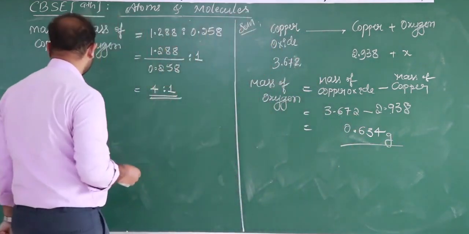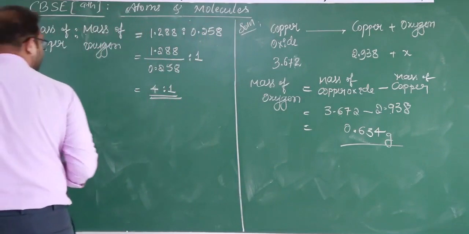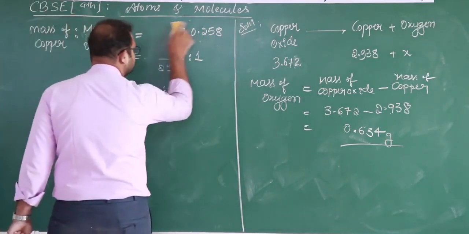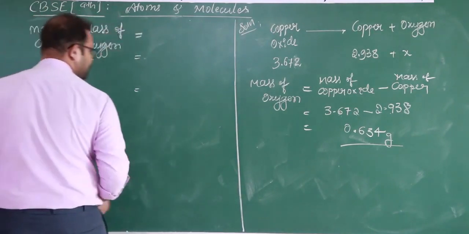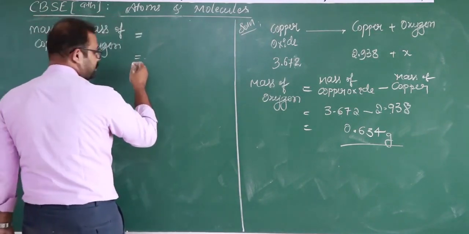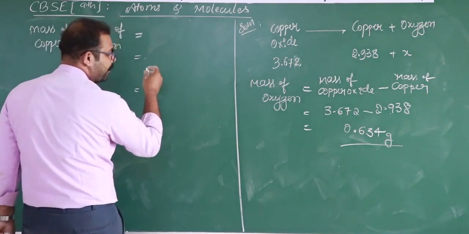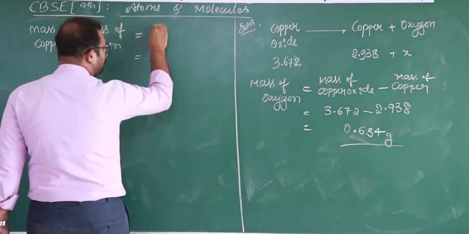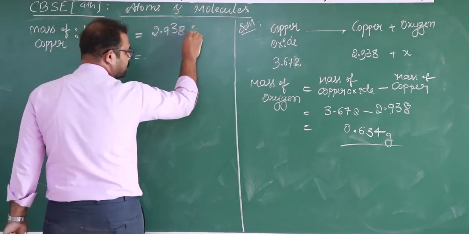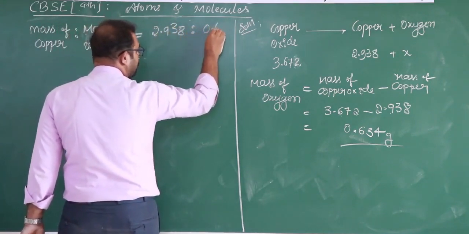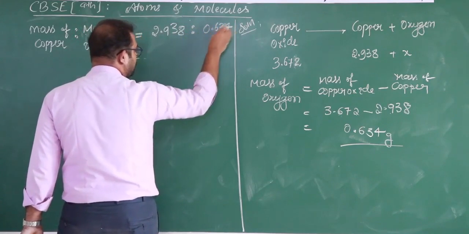Again we have to compare the same thing here also. So here the mass of copper is 2.938 and that of oxygen is 0.734.